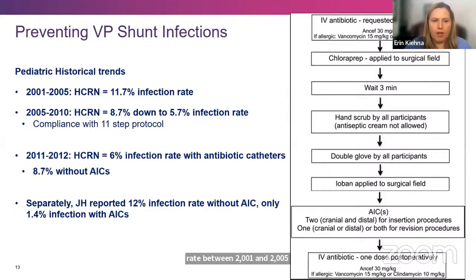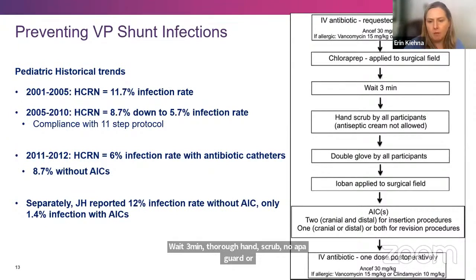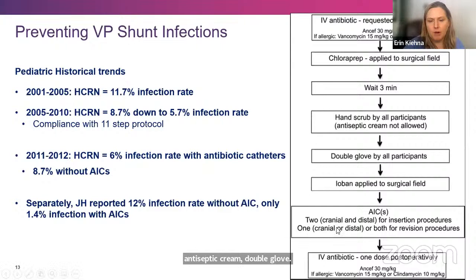Between 2005 and 2010, they introduced an 11-step protocol, which is much the same as what I introduced before: the IV antibiotics, the ChloraPrep, wait 3 minutes, thorough hand scrub, no Avagard or antiseptic cream, double glove, limited operating room traffic, antibiotic-impregnated catheters, which we'll discuss more, and then a dose of IV antibiotics postoperatively. With compliance, they dropped the infection rate from 8.5% down to 5.7%.